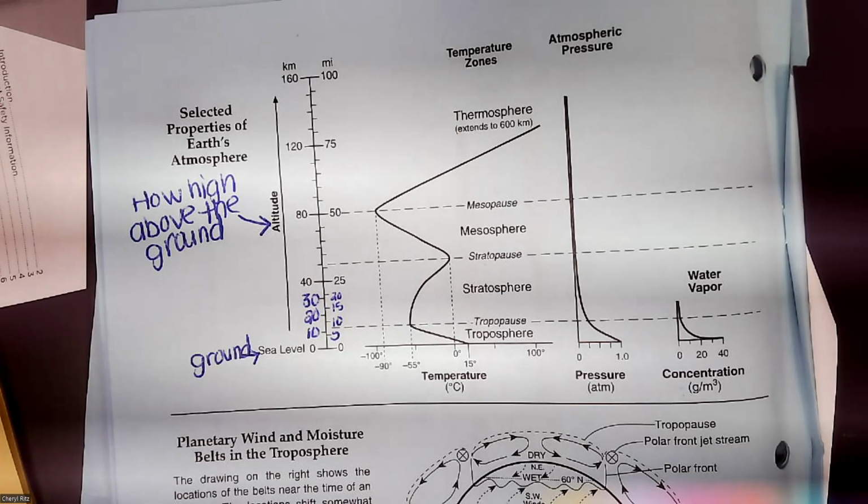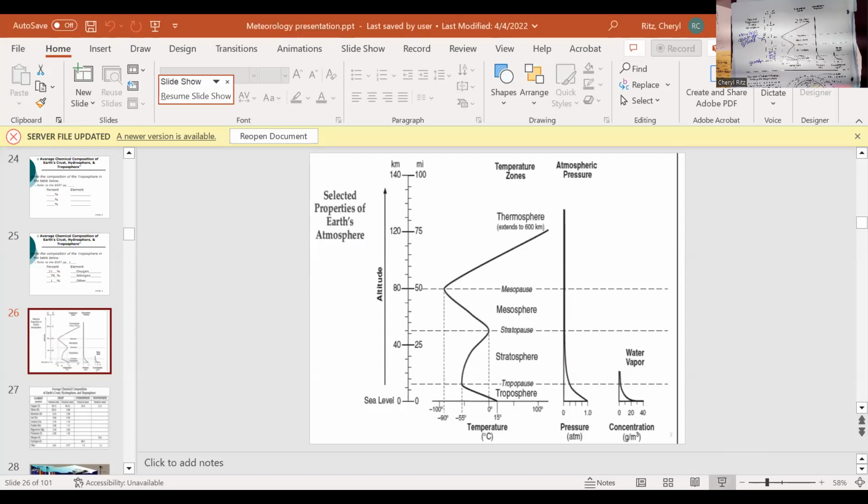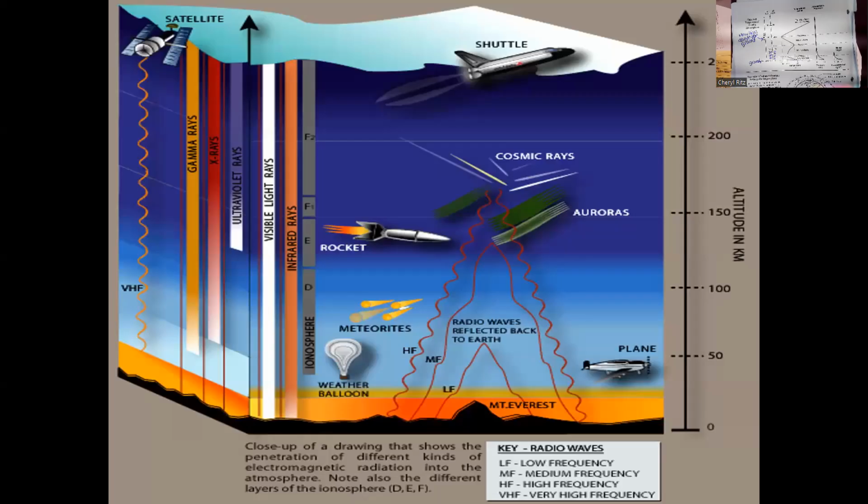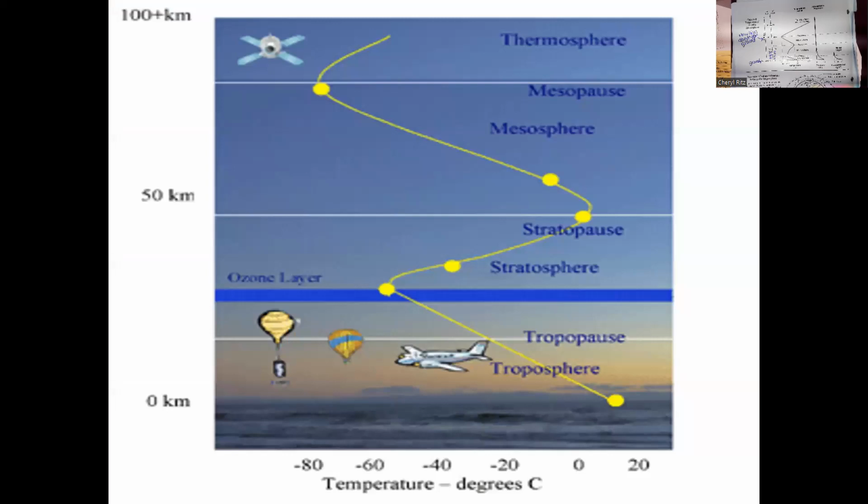In fact, I do want to show you one picture that shows what this would look like. So here is a picture of what it would look like if you were in an airplane flying above Earth's surface, or even going up higher than that. Here you can see we've got the ground listed.